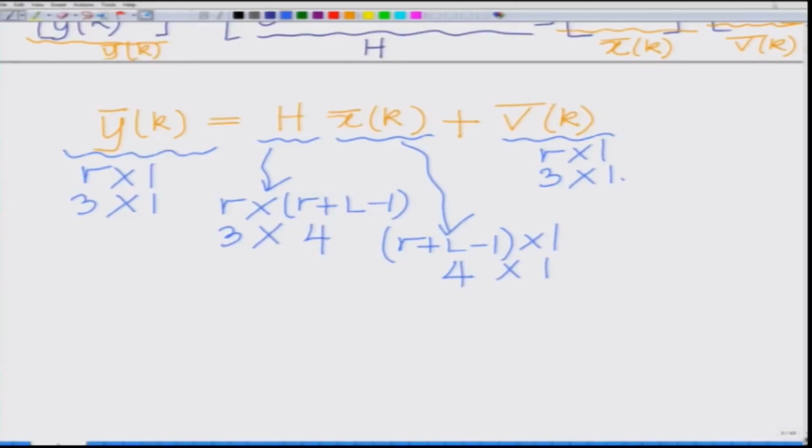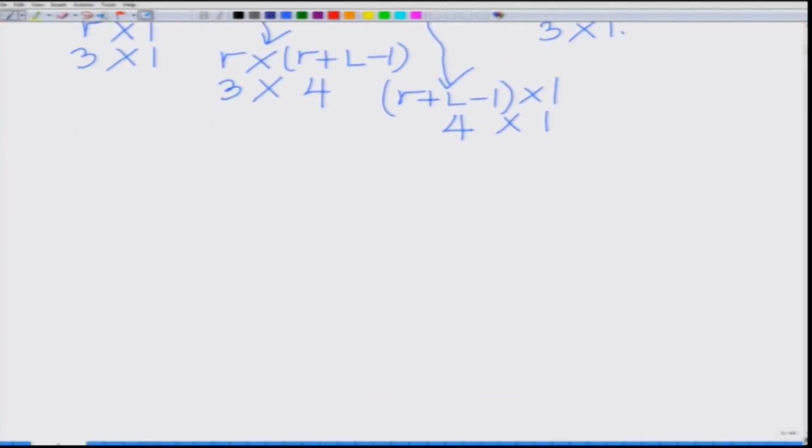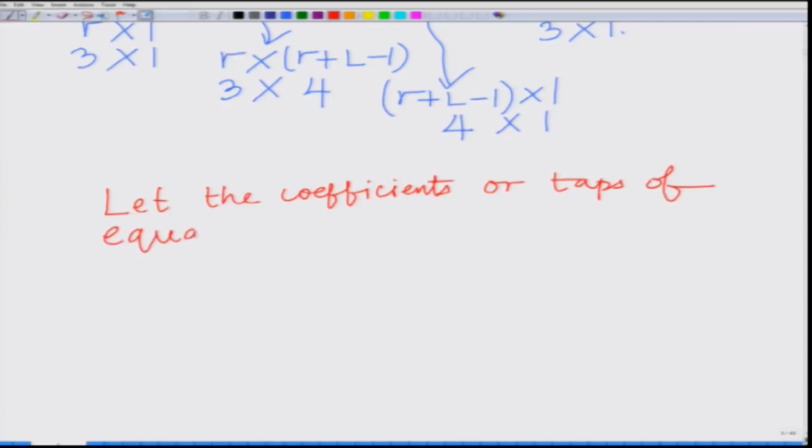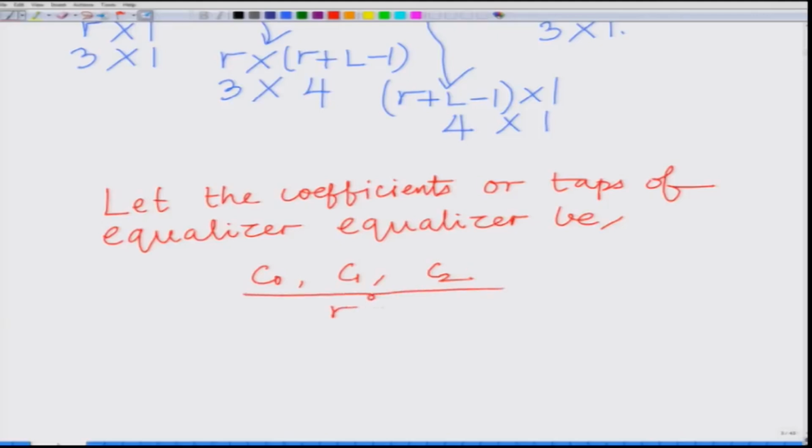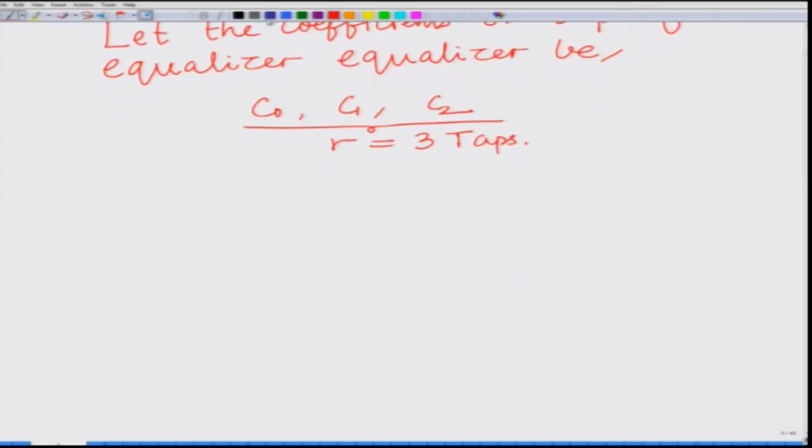Let us denote the 3 taps, or coefficients of the equalizer, by C0, C1, C2. So we have R equal to 3 taps.